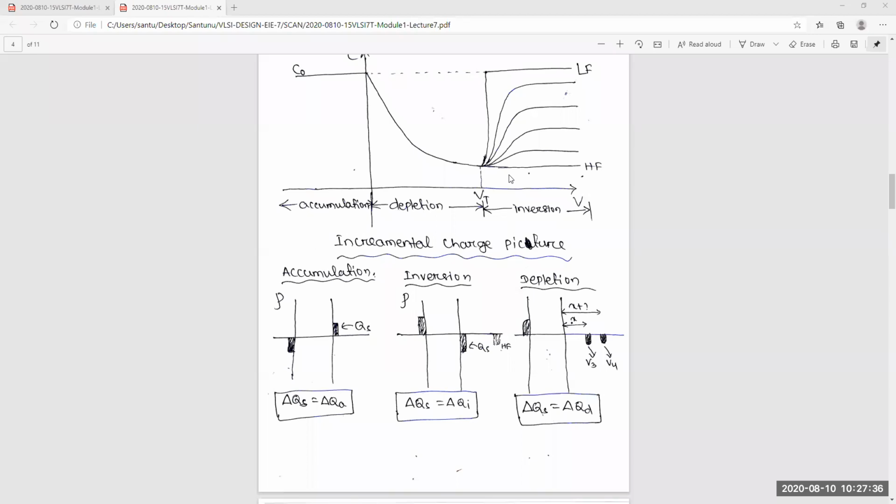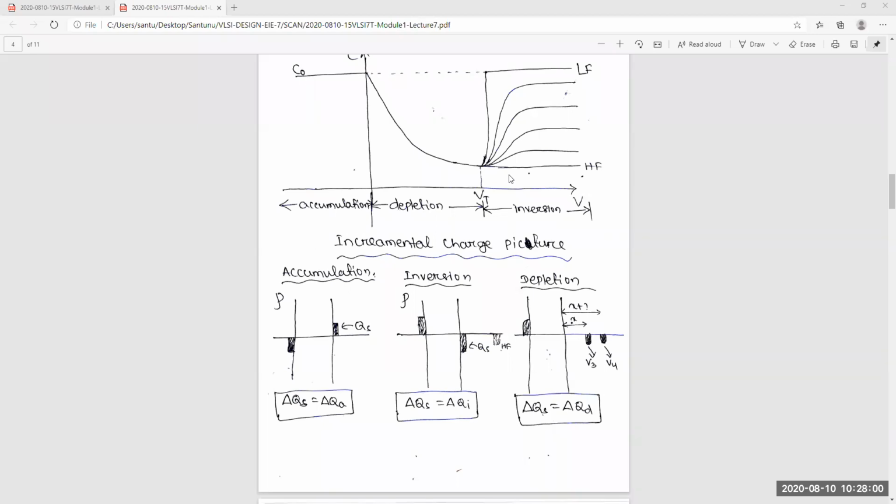Because the depletion region will not increase after that threshold. Exactly. So after the threshold voltage, the depletion region will not increase. That means the depletion distance is almost constant.